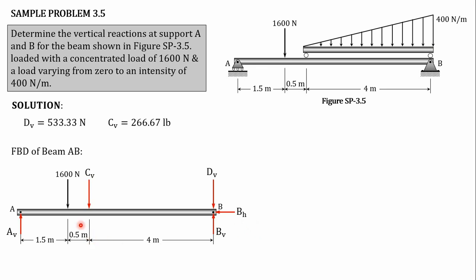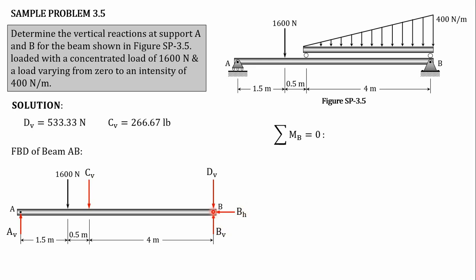Okay? So, ang next natin gawin class is mag-summation of moment ako at point B. Okay? Para ma-explain yung solution natin. Kapag nag-summation of moment ako at point B class, yung makakancel na force dito class is yung DB at yung BV at BH. Okay? Pwede hindi na isali BH ito class kasi 0 naman yan. Okay?